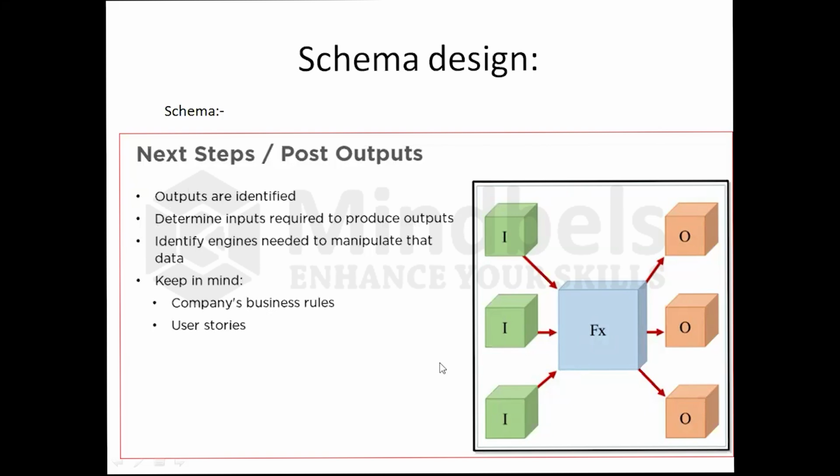Then all your input modules will come. Then identify the engines needed to manipulate that data, because to get from input to output, you need some calculation, right? That will come in between as the engine or calculation module. User stories and the company's business rules are things you need to keep in mind in order to make the calculation.